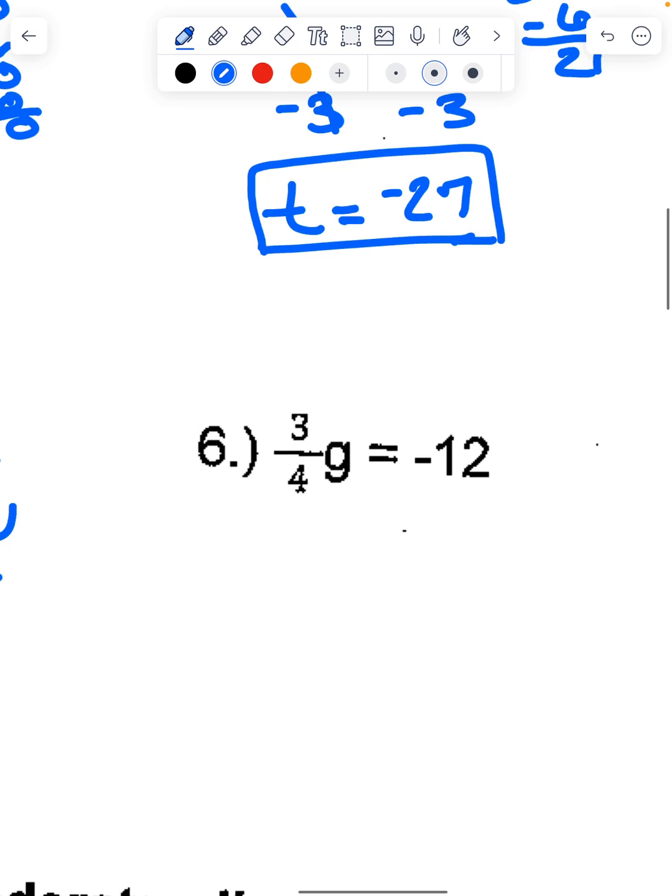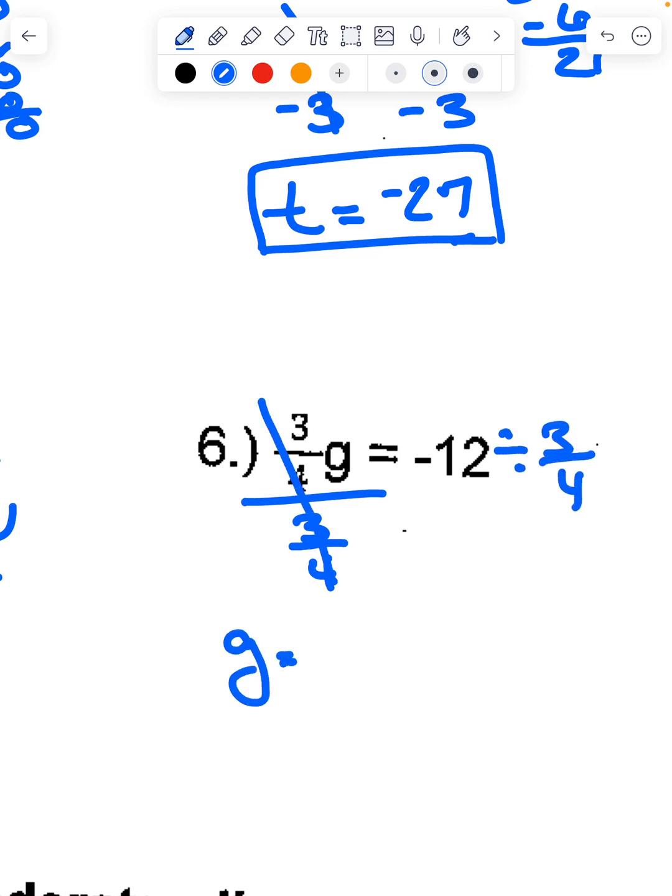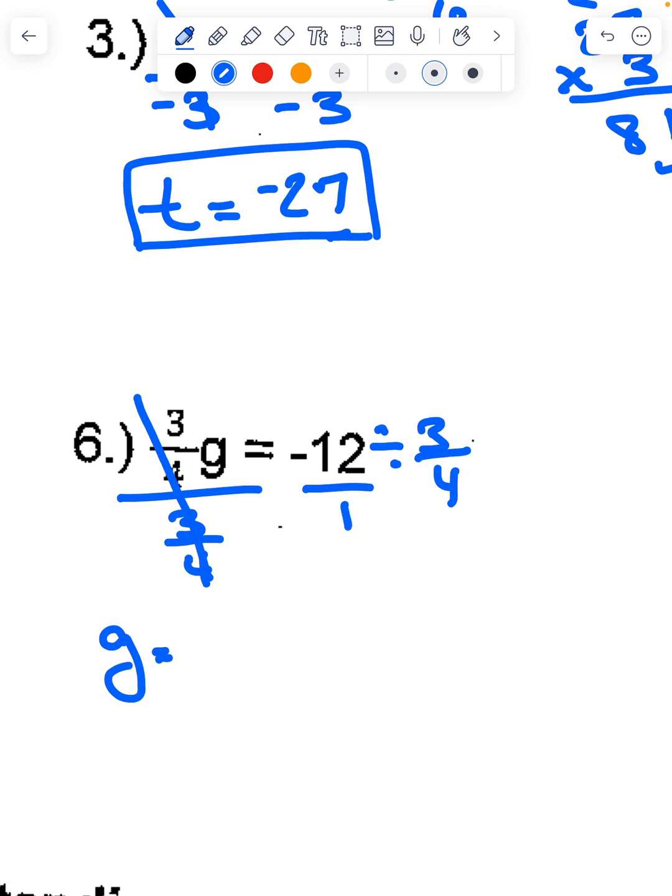And then finally, number 6, a number next to a letter means multiplication. So the inverse would be to divide this side by 3/4 and divide this side by 3/4 to get that g by itself. I've got negative 12 over 1 times 4/3. We can cross cancel. 3 goes into 3 once and 3 goes into 12 4 times.